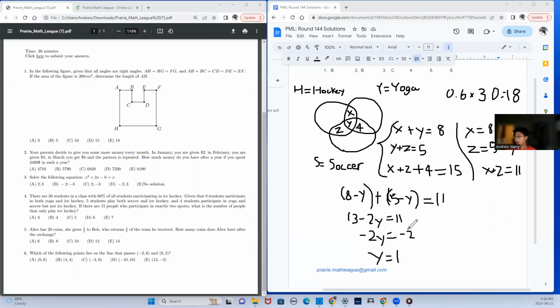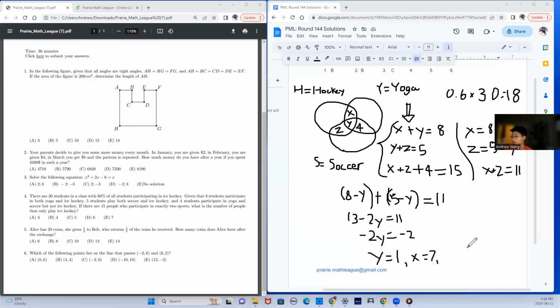Now we can plug Y equals 1 into any of the three equations that we have set up from before. We'll just do X plus Y equals 8, or X equals 8 minus Y. So X would equal 8 minus 1, so X equals 7.